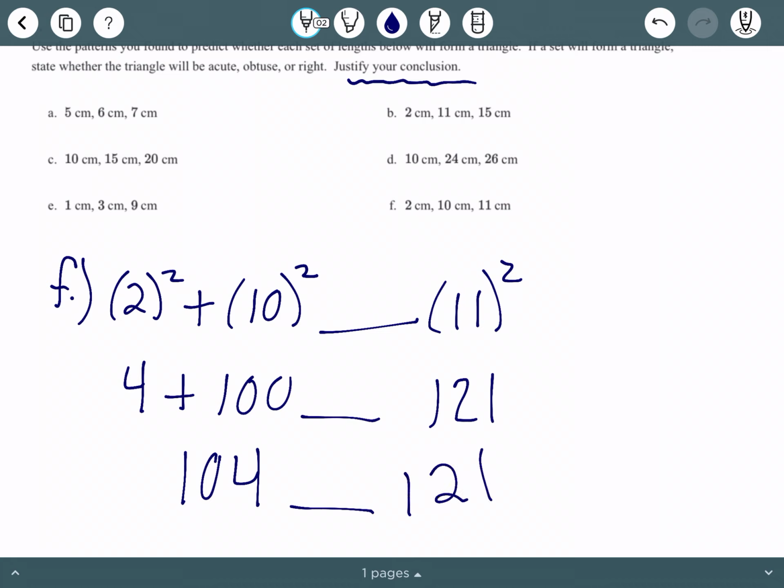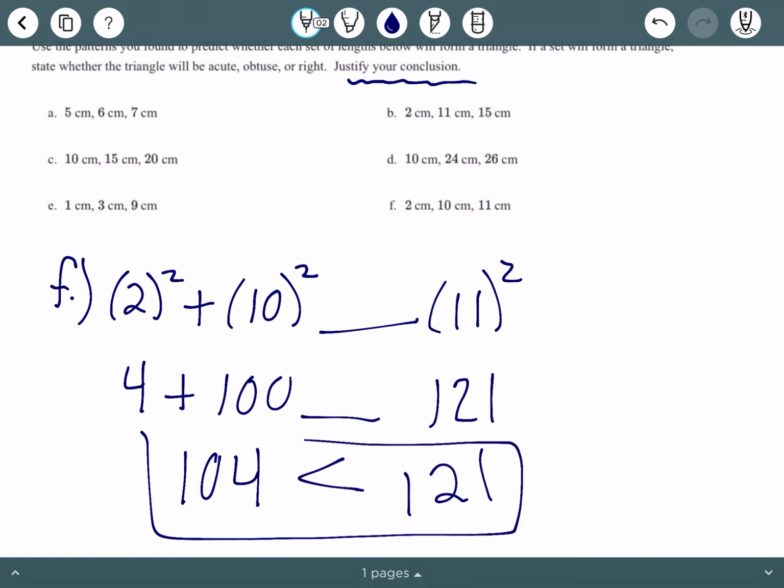So 104 is less than, I'm going to get rid of this little blank space here so you don't think it's less than or equal to, it's just less than. So 104 is less than 121. Now in this case where it's less than, this would be an obtuse triangle. All right, and that's all for 954.